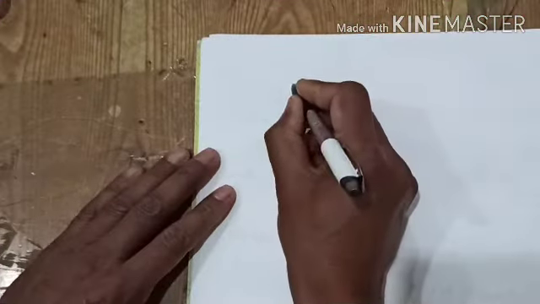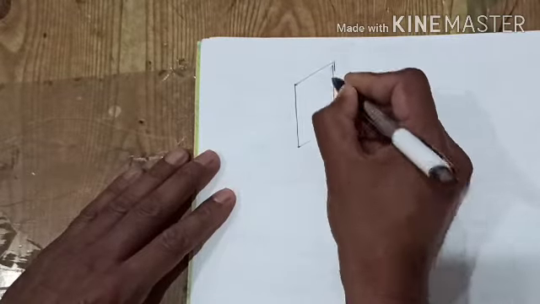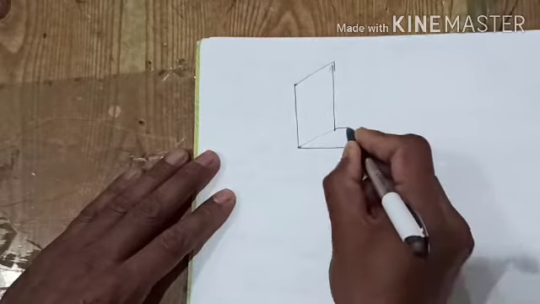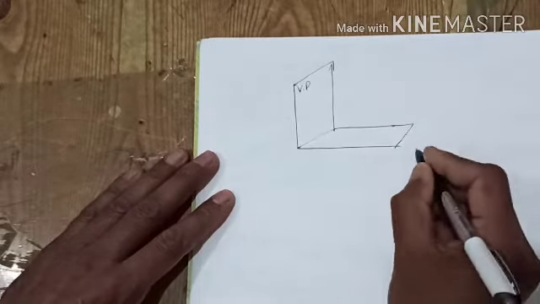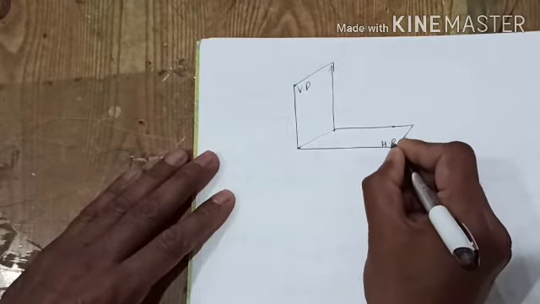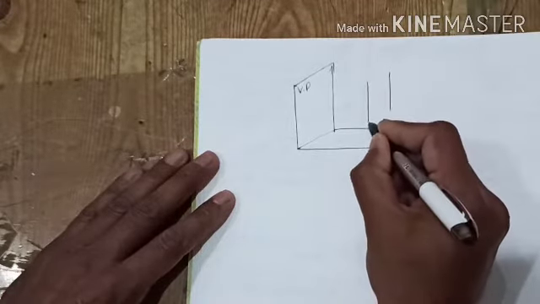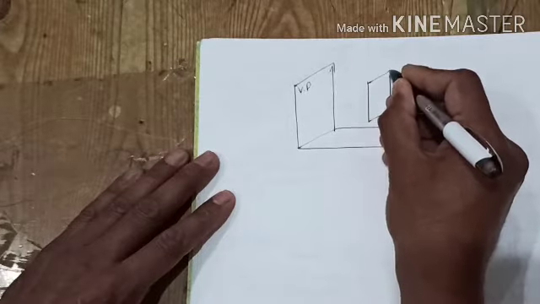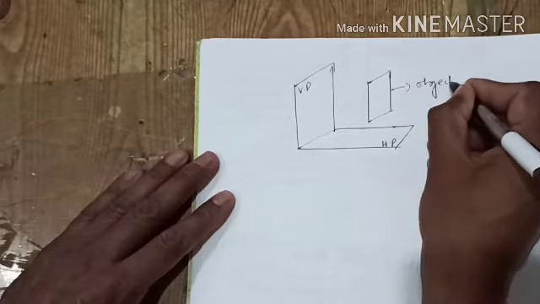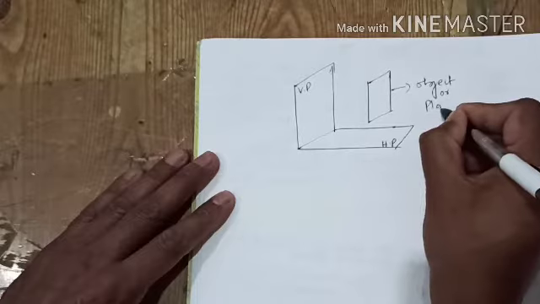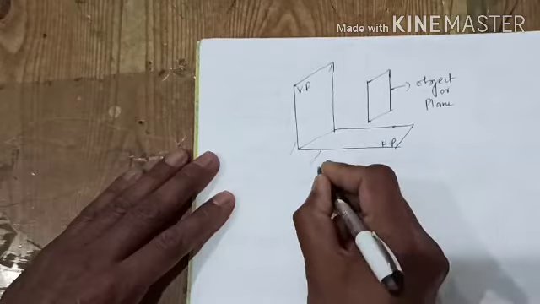Let me draw one simple condition to understand the trace. If this is a reference plane, this is my vertical plane and this is my horizontal plane. So if we take a condition like this, this is my object, or you can say this is my plane which I was talking about.